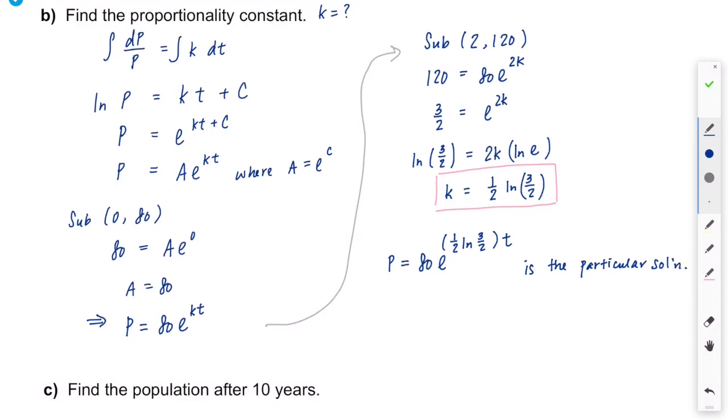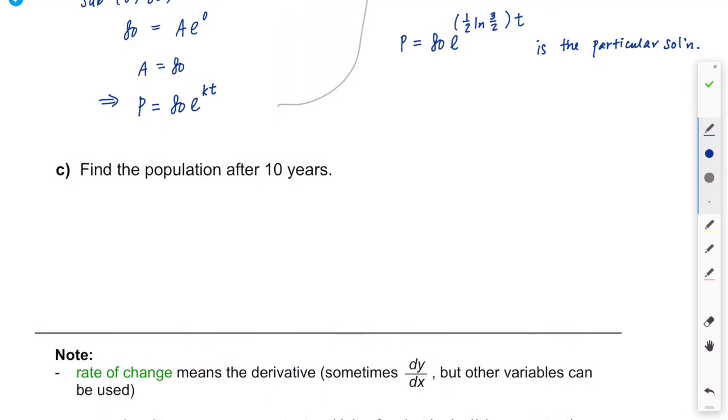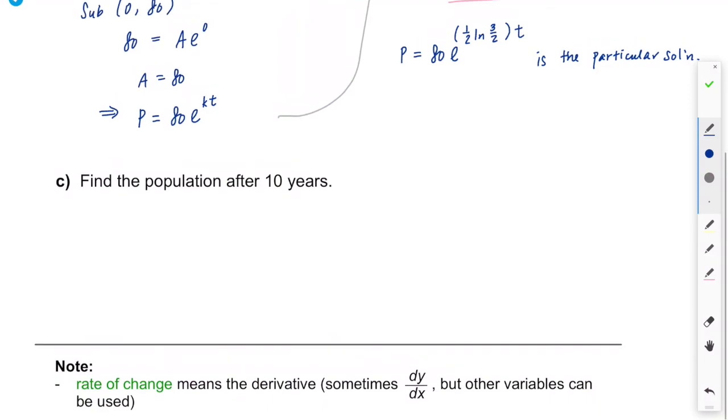This is useful for part C because in part C, we are looking for the population after 10 years. So after 10 years, we are at P of 10. So 80 e to the power of 1/2 ln 3/2 times 10.